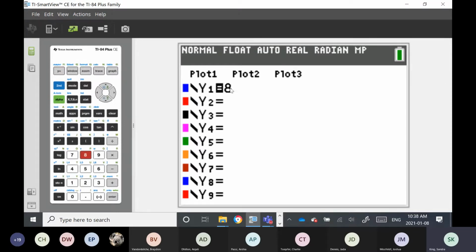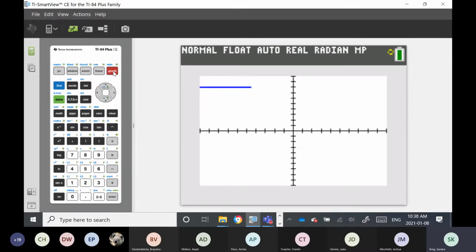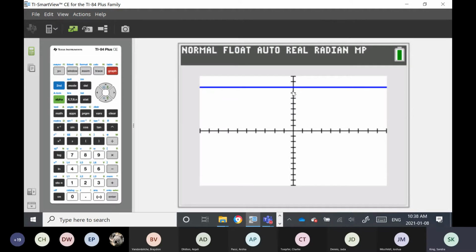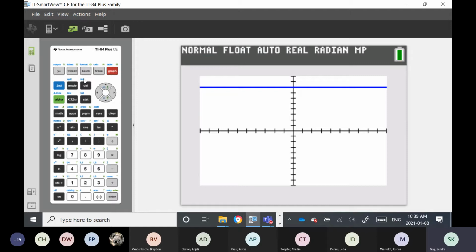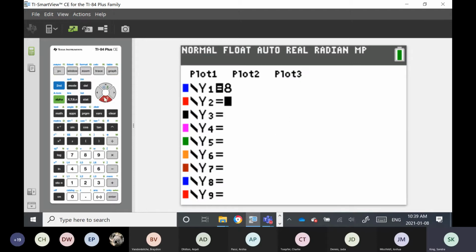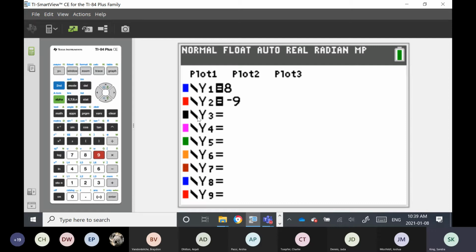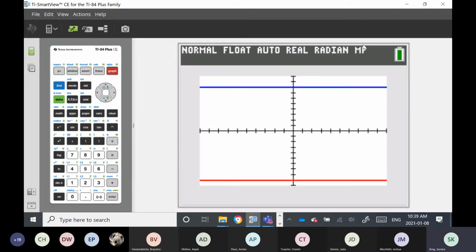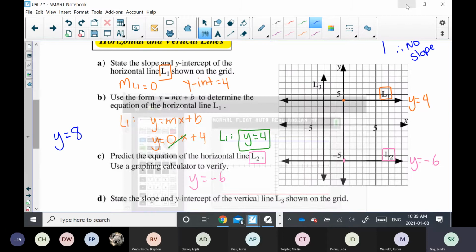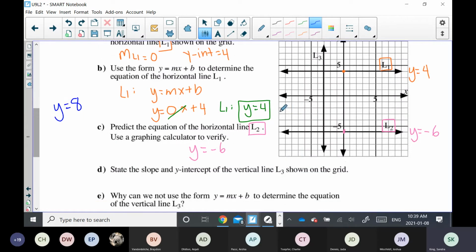If you write the number 8, that is going to be a horizontal line cutting through y is equal to 8. If I put in y is equal to -9, in Y2, I'm going to type in -9. What's that going to look like? A horizontal line with the y-intercept of -9. Okay, so horizontal lines are nice and easy to get the equation of.